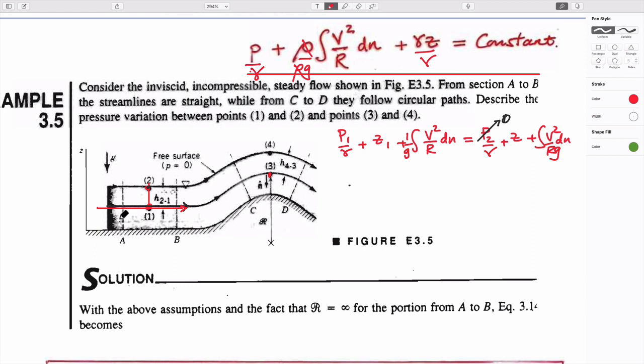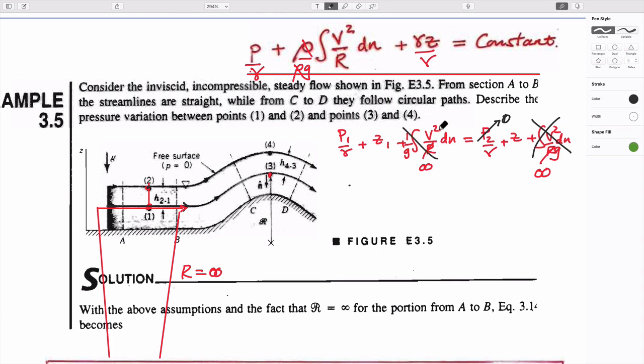So the radius of curvature here is basically infinity down here, right? So r in this particular case is equal to infinity because it's a straight line. The radius of a straight line is infinity. This term here, therefore, is infinity, and these terms both drop out.